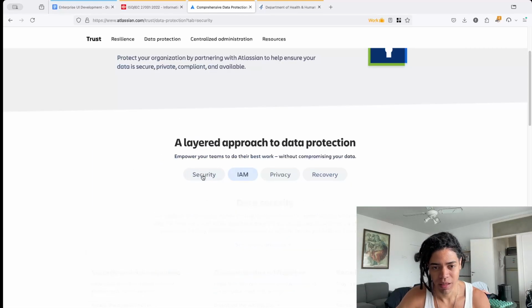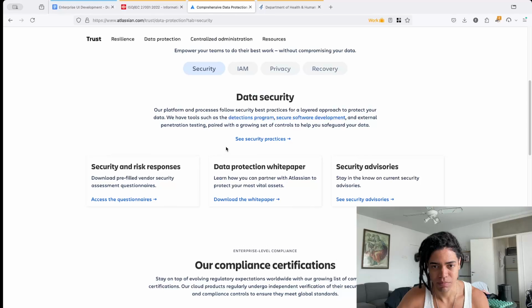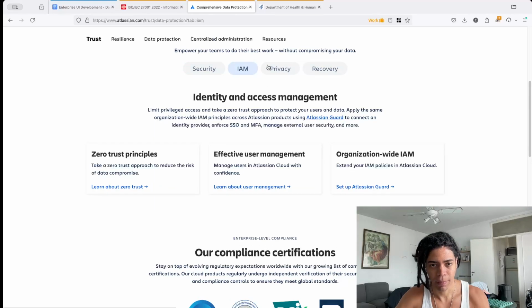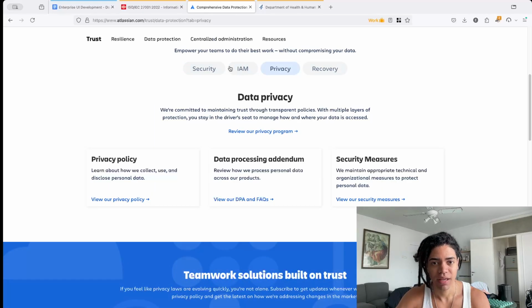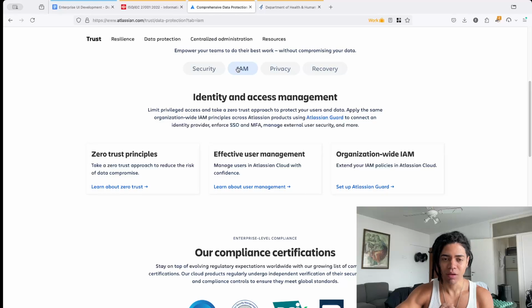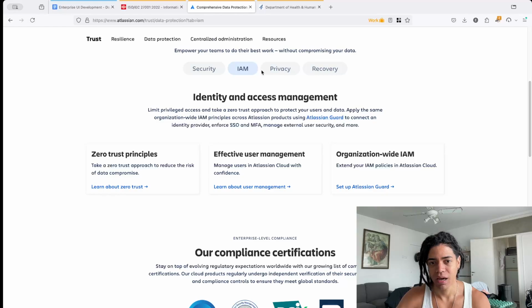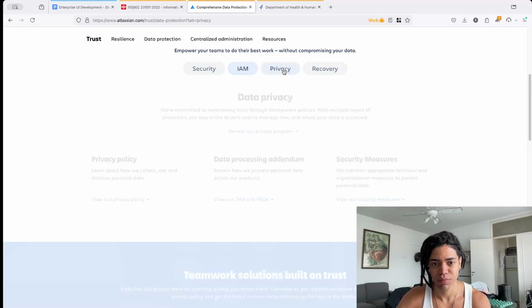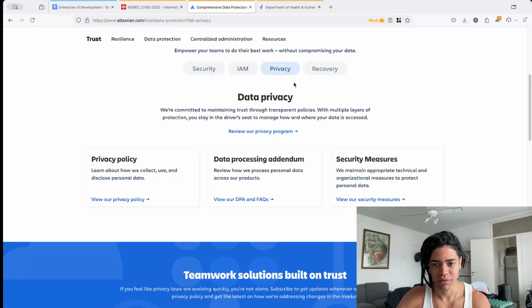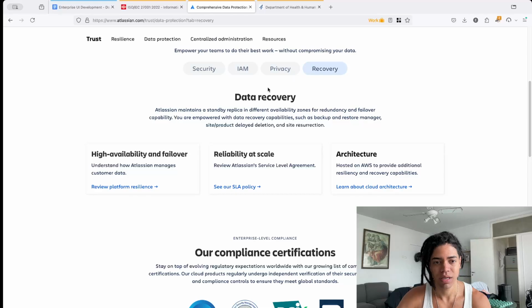Security, data security, identity and access management in terms of security, zero trust principle, privacy, and recovery.